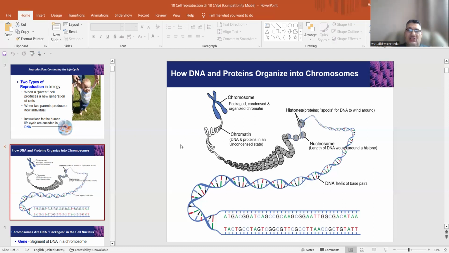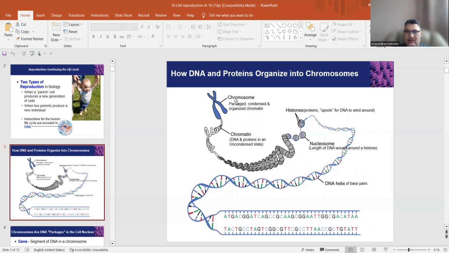But when it is time for reproduction, chromatin is going to change to chromosome, which is basically the same thing, just condensed. Chromatin is DNA around protein, but loose, not condensed.